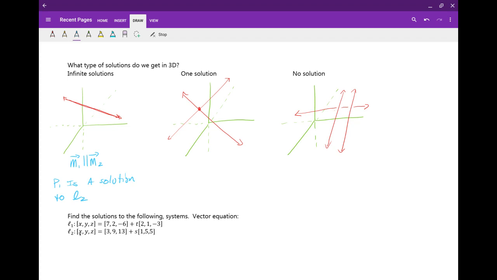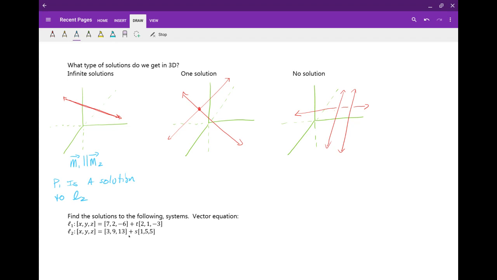And then what I can do is I can write out my x component, which would be 7 equals 3 plus 1s. I could write out my y component, which would be 2, right, because I'm doing 7, 2, negative 6.